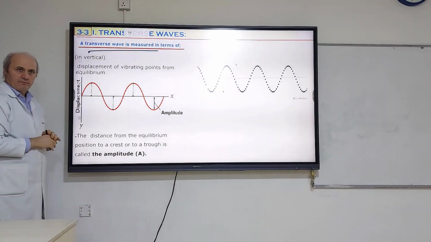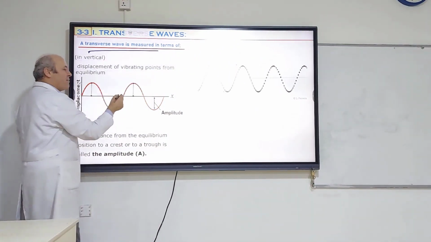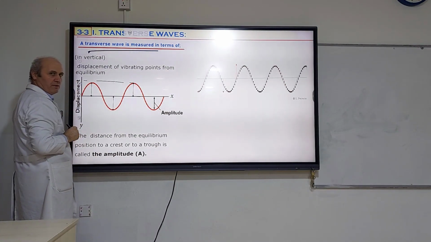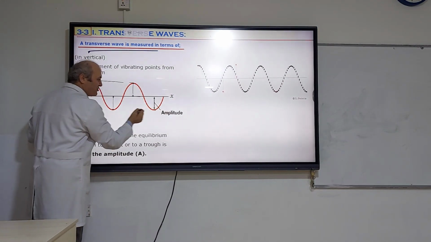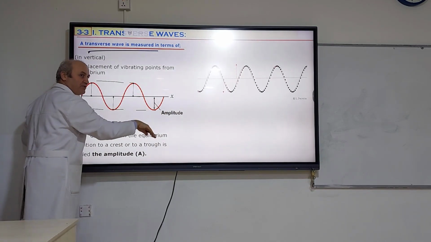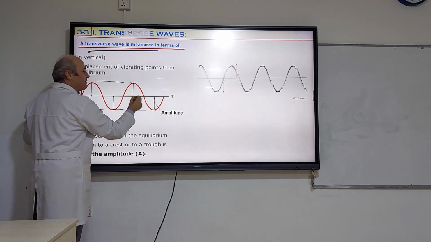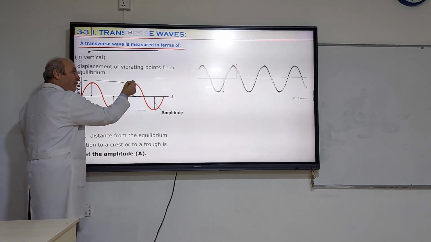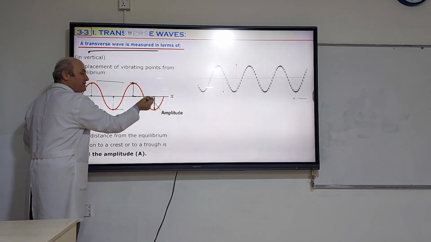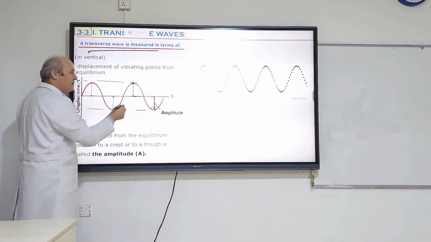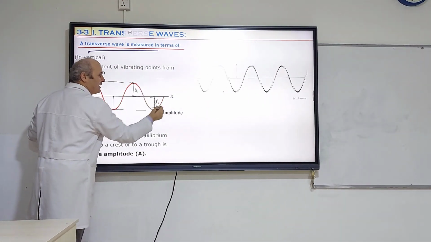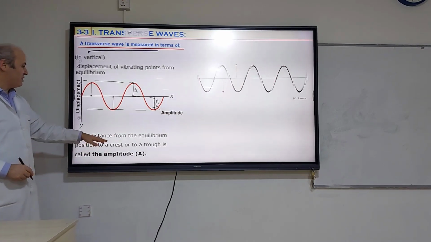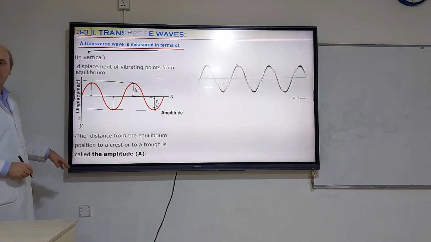In vertical, the distance from the equilibrium position to a crest, which is a maximum displacement point, and from the equilibrium position to a trough, another maximum displacement point on the other side, is called amplitude. Yani, above the equilibrium and below the equilibrium, these distances are A and A. The distance from the equilibrium position to a crest or to a trough is called the amplitude.